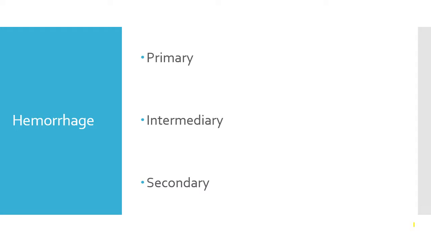This can be categorized in 3 different ways. You have primary, which occurs during surgery, intermediary, which is within the first 24 hours, and then you have secondary, and this can occur 7 to 10 days after surgery. A common cause for the secondary is if sutures break.